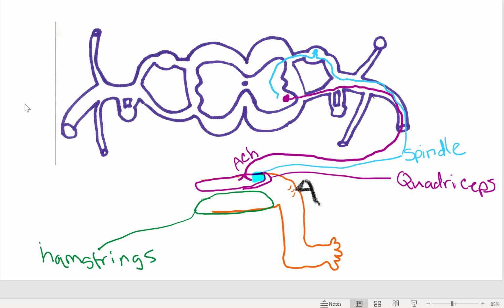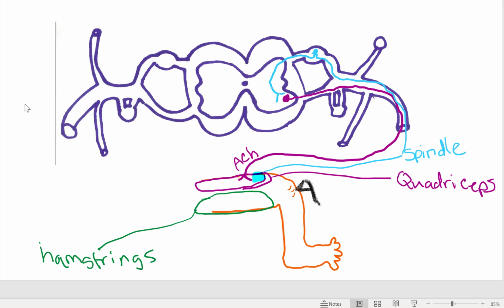And in your textbook, this is called a monosynaptic reflex arc because this afferent fiber that I've drawn in blue will terminate on the somatic motor neuron that I've drawn here in purple. And it will stimulate that purple neuron, that somatic motor neuron, and it will tell the quadriceps muscle group to contract when it releases acetylcholine.